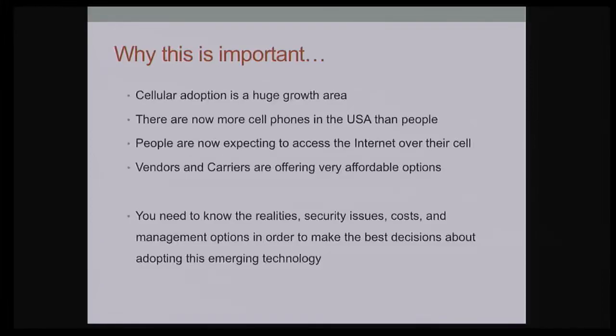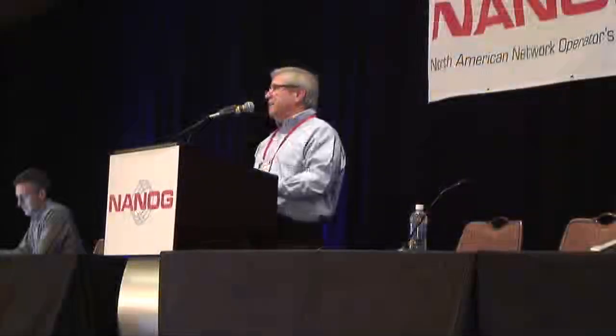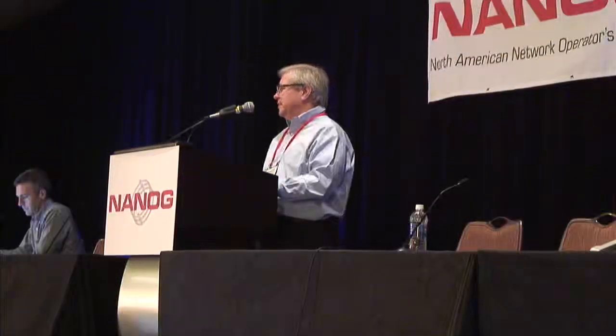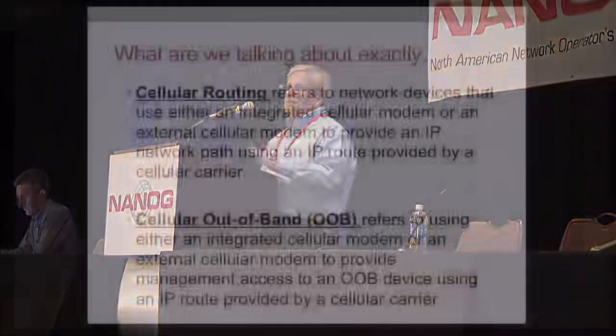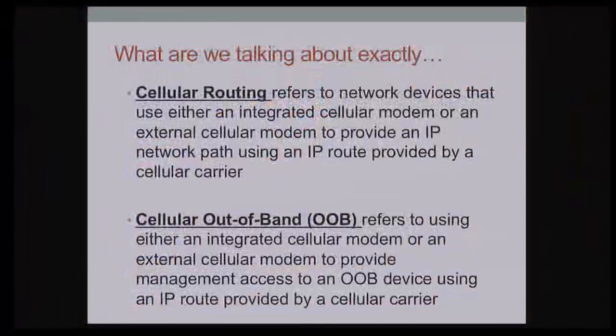And so what this is doing is driving your options and your choices for using cell technology. So as network admins, network architects, it's really important to understand your options, your carrier options, your plan options, what the technology is, so that you can make the right decisions about implementing the technology and following best practices around that.